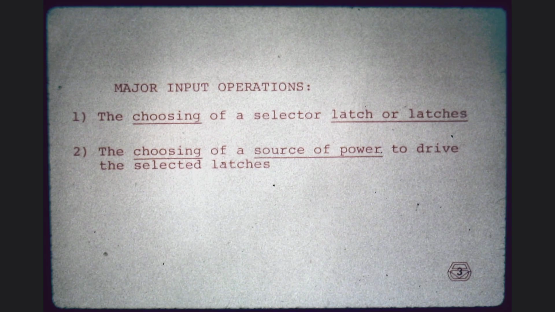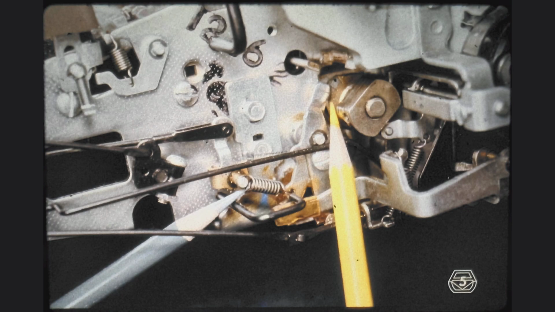For the purposes of being able to repair the Selectric Typewriter, you must be able to recognize that the input section has the job of choosing a latch or latches, and that of picking a source of power to drive the chosen latches. In a negative power system, a selected latch is a part which moves out of the way of the cam follower, so that under spring tension, the blue pencil, the cam follower, at the yellow pencil, can move or rotate into the dwell of the cam.